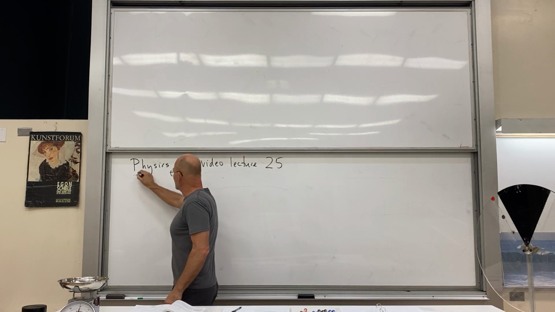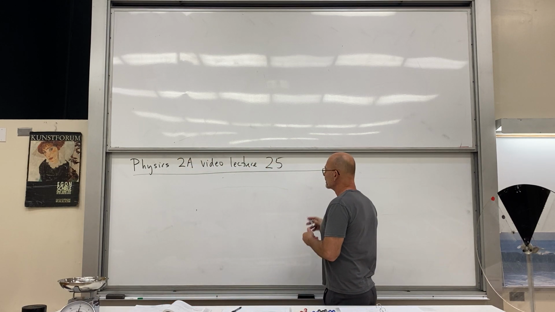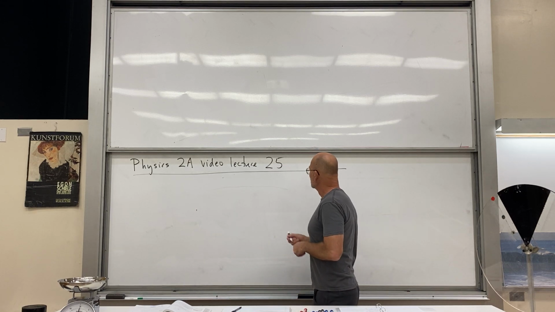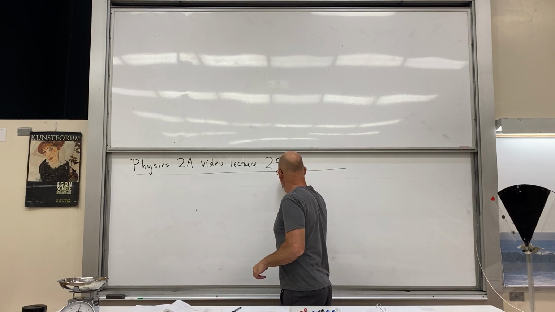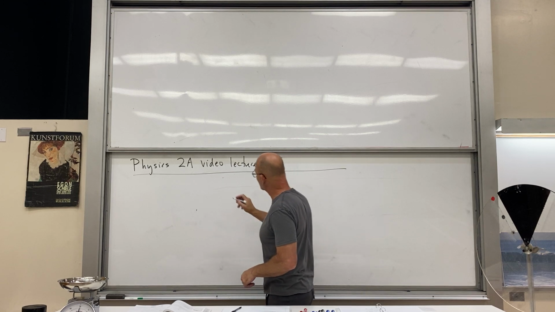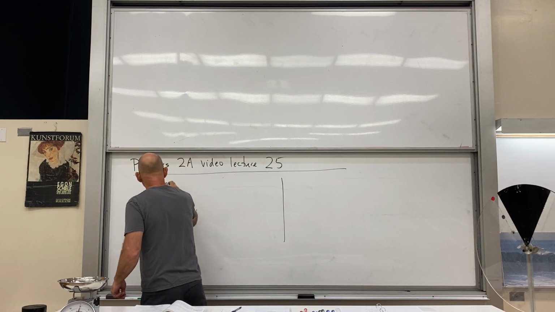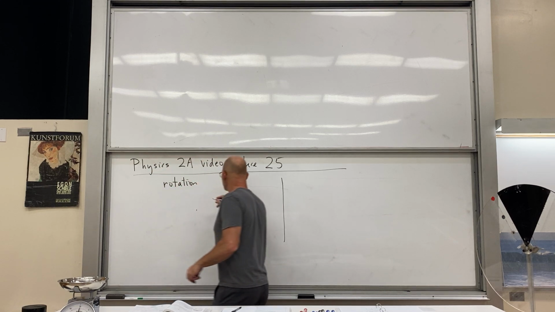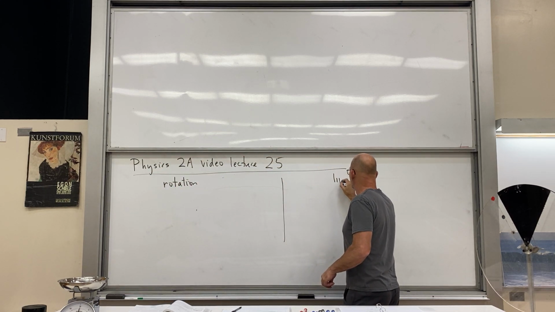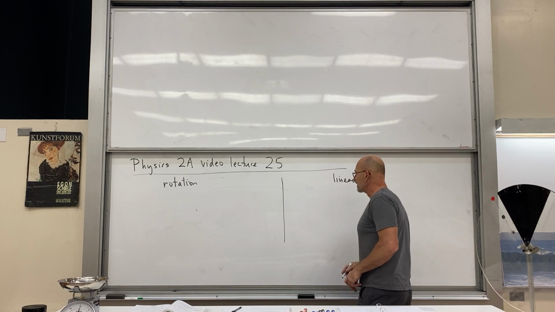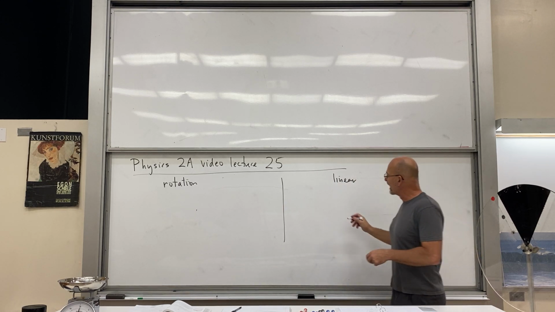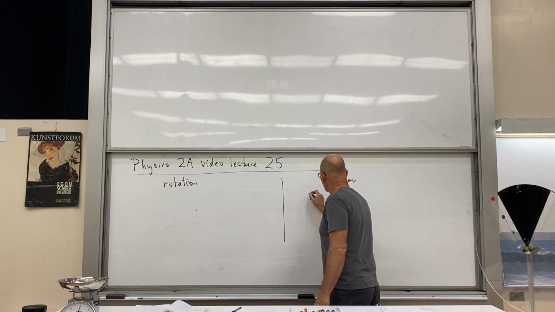I'm going to split the board as it were, and I'm going to put rotation over here and linear quantities over here. And in fact, let's go ahead and just write the linear ones down.